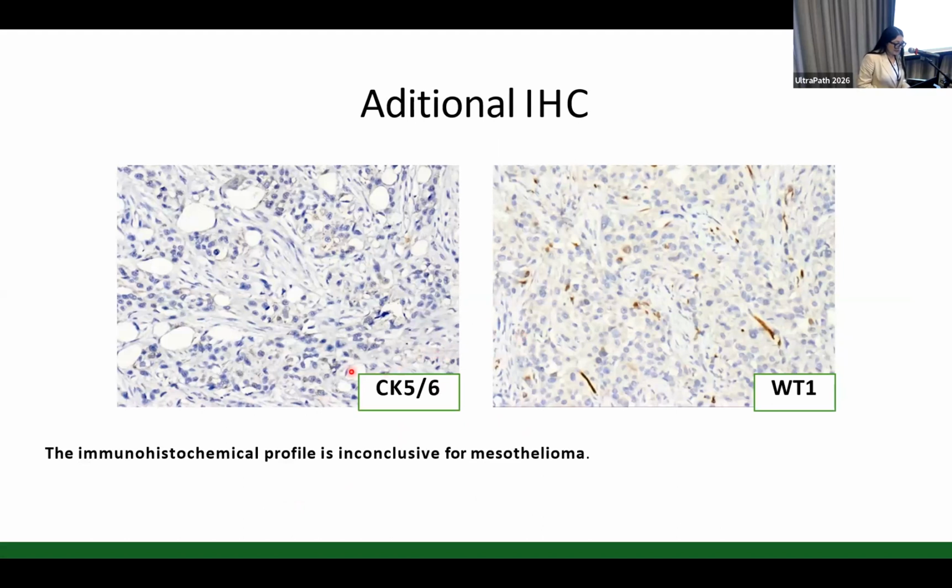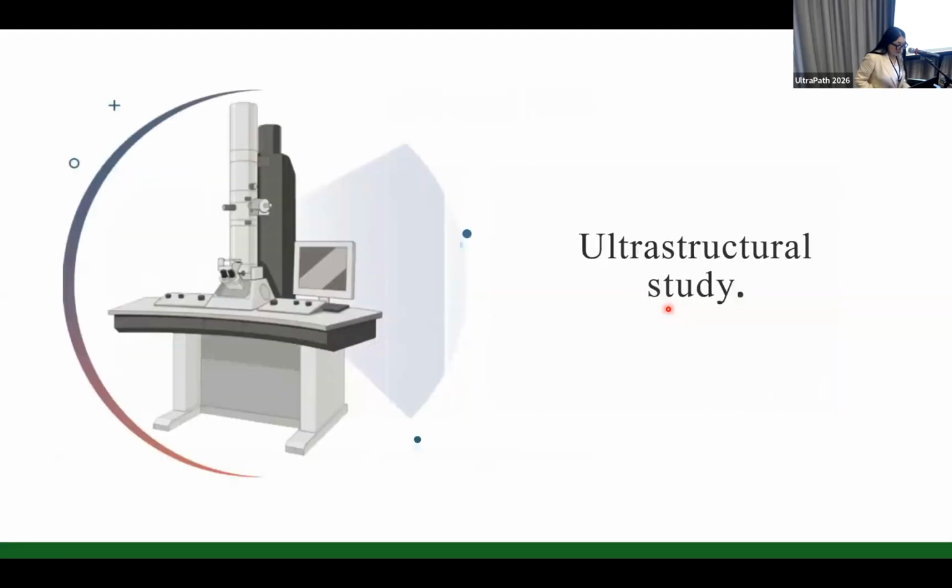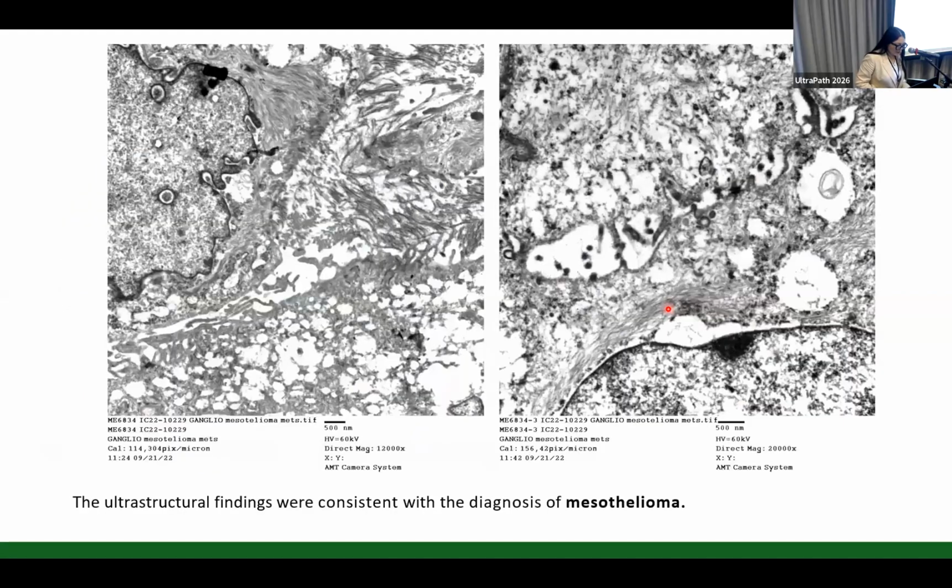In this case, we performed cytokeratins 5 and 6, but it was negative. WT1 was positive maybe focally in some of the nuclei, but non-conclusive for a mesothelioma. That's why we decided to perform the ultrastructural study.